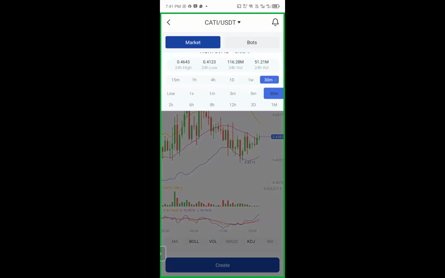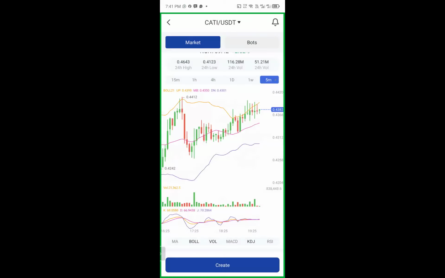Go to your 5 minutes. Before you know it, you must make 1, 2, 3 or 4% from all these things. But if you're not the one that can stay by to watch, you can set your 10%, 20%, and it will still sell.